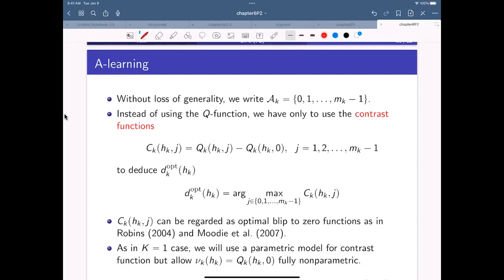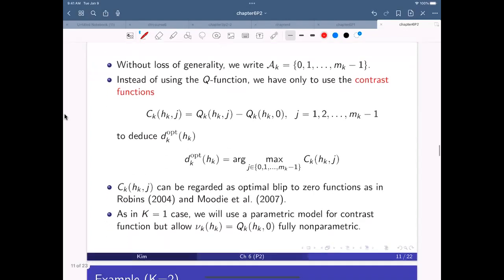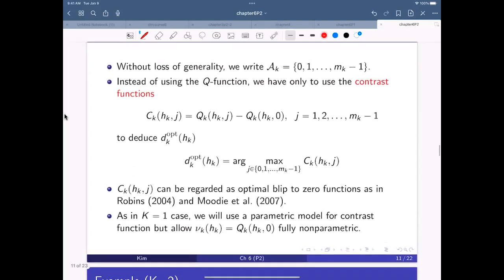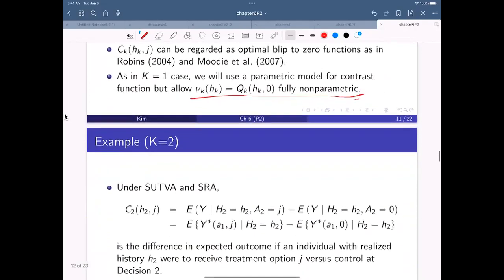Conceptually it is equivalent, but there's a good reason for doing that, because we don't really have to estimate the baseline control group as a parametric model. We can make it fully non-parametric. So that is basically the advantage.